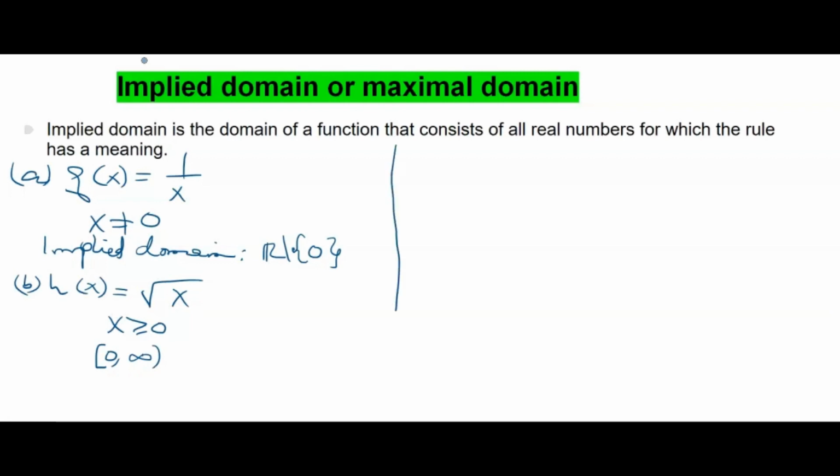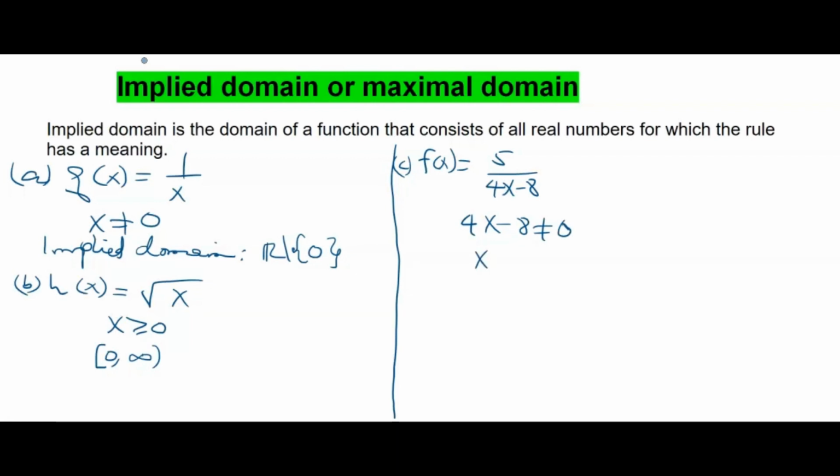Alright, let's have a look at another example based on this concept of implied domain. Let's say we have f of x. So my denominator cannot be 0, so it cannot be 0. So any value of x that gives me 0 will not be a solution.